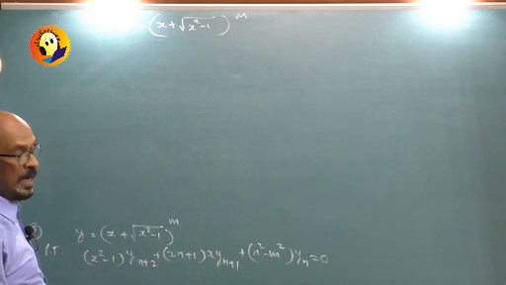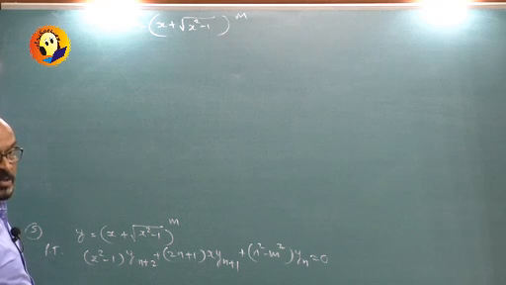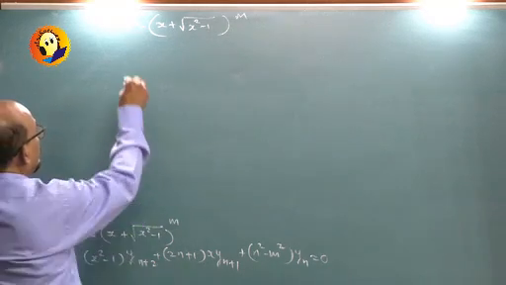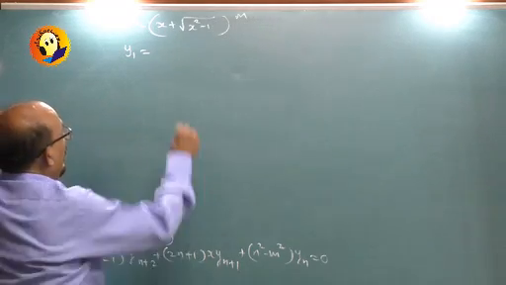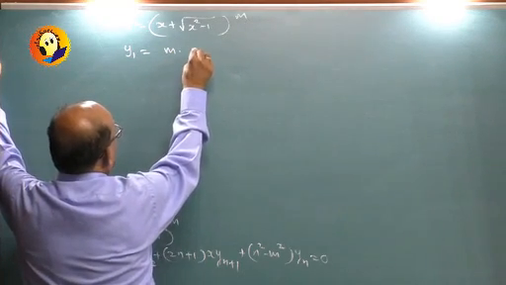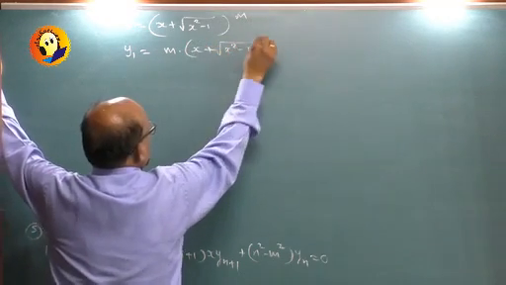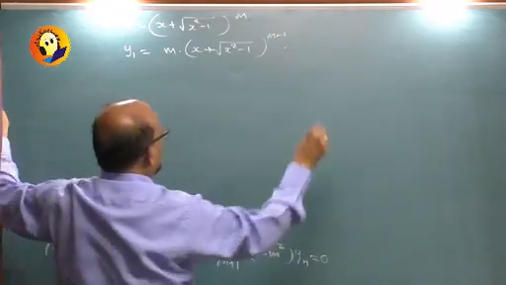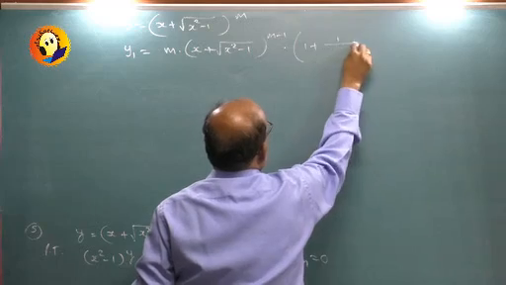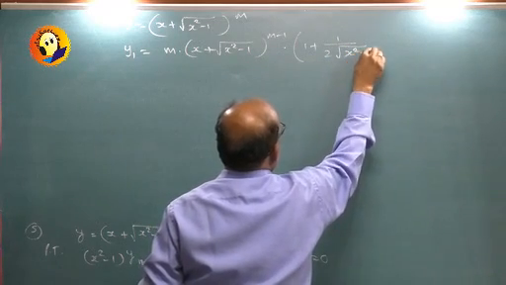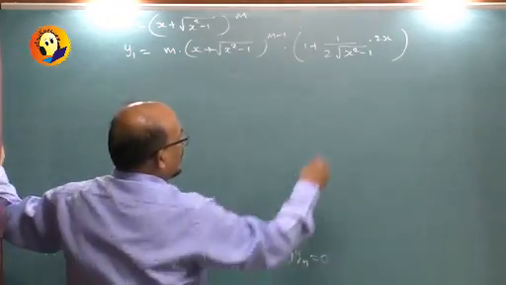We will have to find a relation between y, y1, y2 and then go for nth derivative, right? So first step is to differentiate. y1 equal to m into x plus root of x square minus 1 raised to m minus 1 into 1 plus 1 upon 2 root of x square minus 1 into 2x. So far so good. 2 cancels.